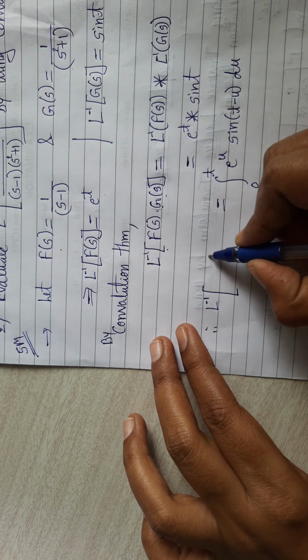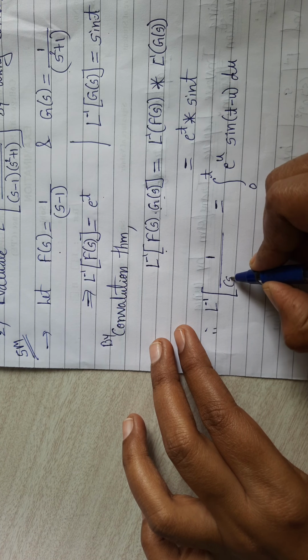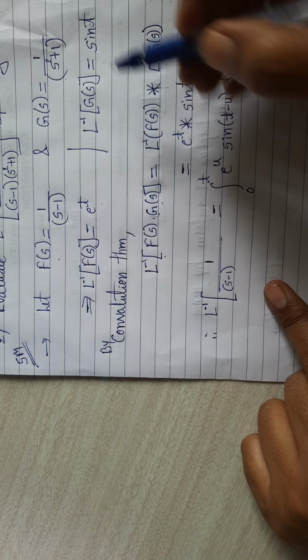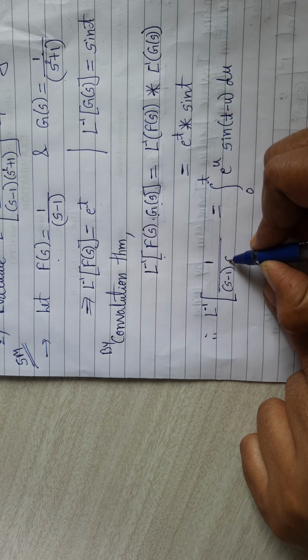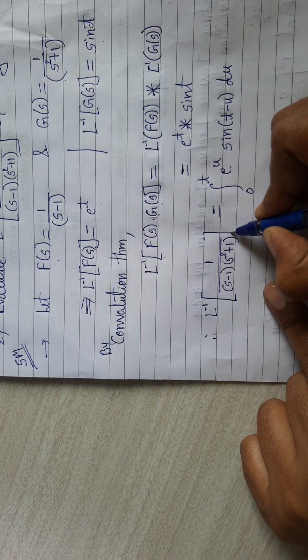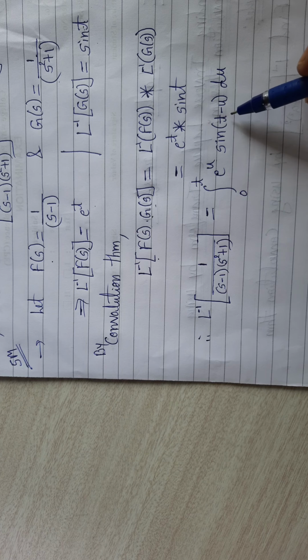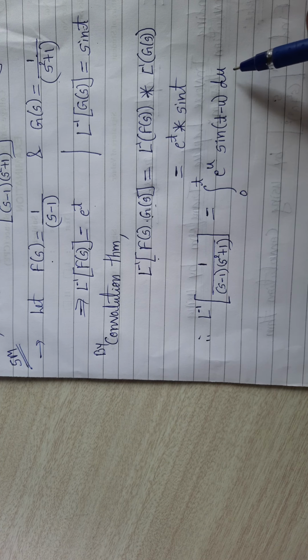This is 1 divided by s minus 1, and g of s denominator is s square plus 1. So that equals integration from 0 to t of e to the power u into sin of t minus u du.